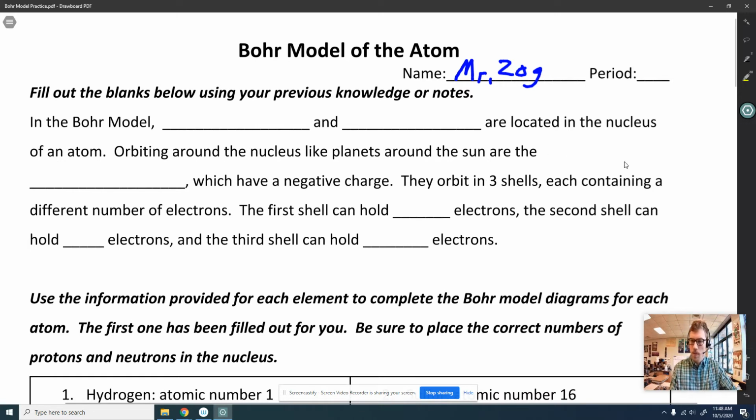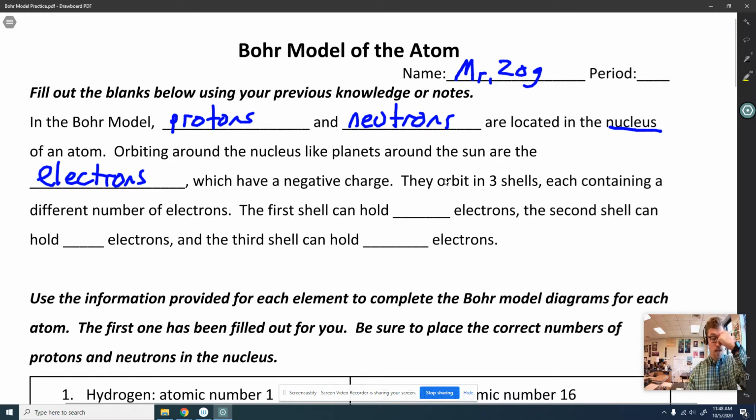So remember that we have talked about the nucleus before, right? And there are two subatomic particles that exist in the nucleus. Those are the protons and the neutrons. Okay, so remember that they are in the nucleus. And then orbiting around the nucleus, like planets around the sun, are the electrons, which have a negative charge.